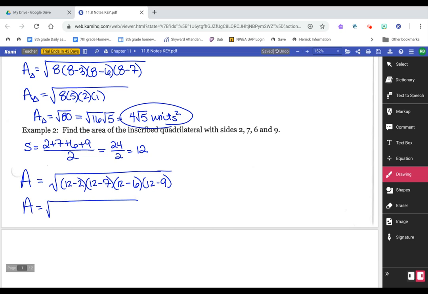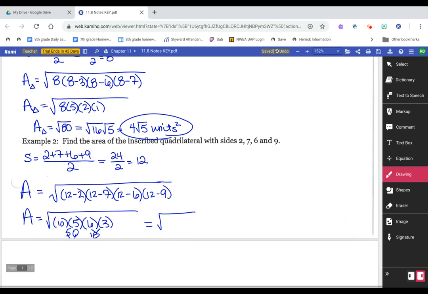We have 10 times 5 times 6 times 3. All right, so when you do 10 times 5, we have 50 here, and then here we have 18. 50 times 18 ends up giving you 900. So when you take the square root of 900, you get 30, and we'll have units squared for the area.